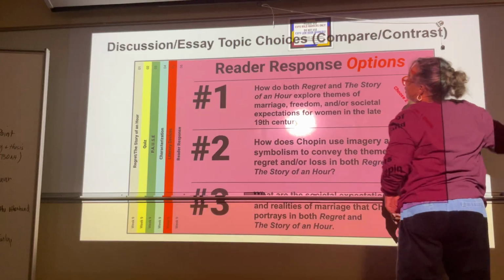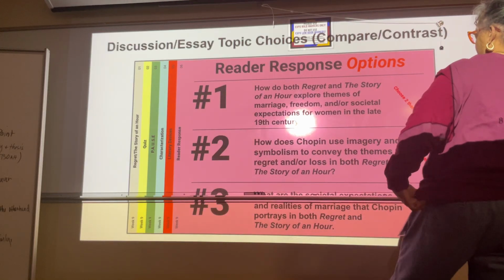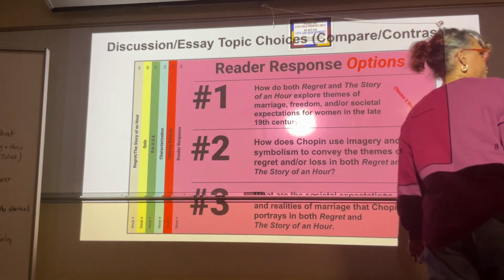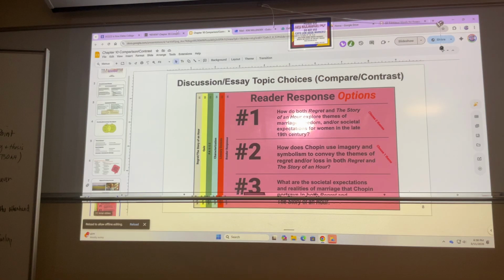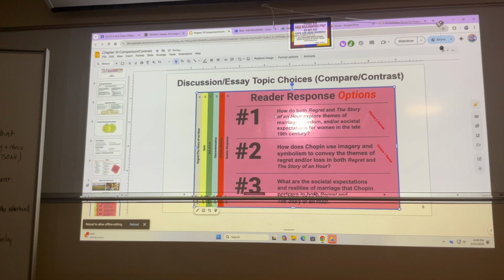Alright, so we are going to dissect this prompt. How do both "Regret" and "The Story of an Hour" explore themes of marriage, freedom, nope, can't do that. Dadgummit. I just want to make sure we got one. Alright, so move the mouse off of it.